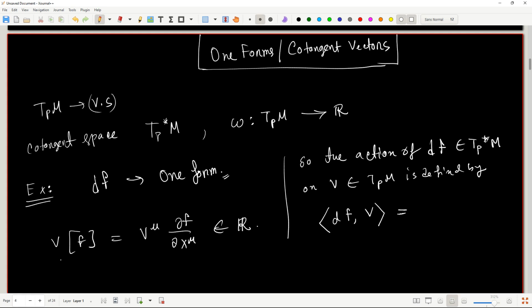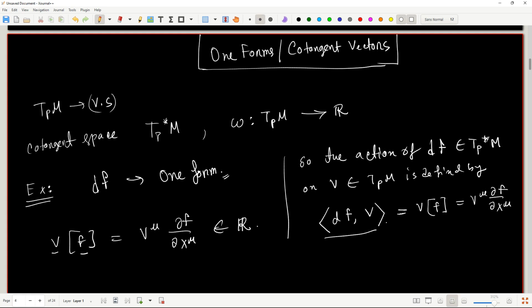But we already saw that if a vector acts on a function, it also produces a real number, so we can call it v of f like this, and ultimately we will get what we want, right? So we can see that this operation belongs to R, and this is linear in both f and v.